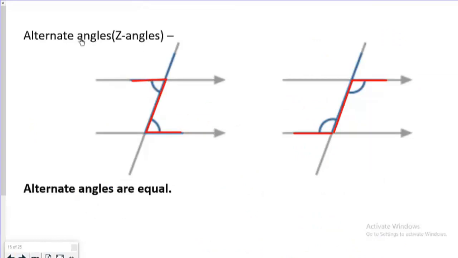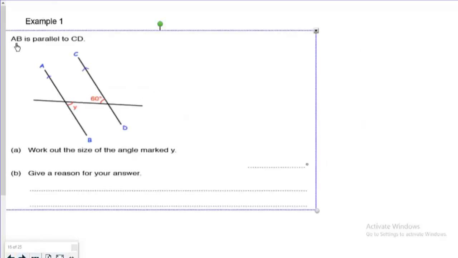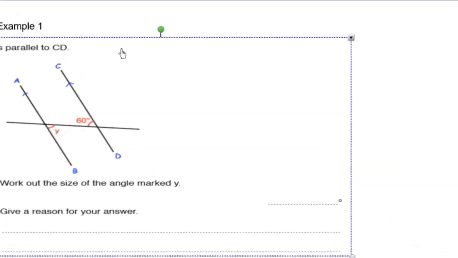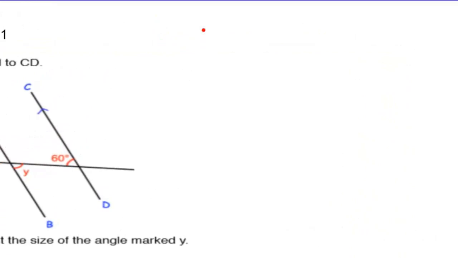Alternate angles. You look out for the Z pattern. Let's work an example with it. AB is parallel to CD. Work out the size of angle marked Y. So I'll look out for a Z pattern.